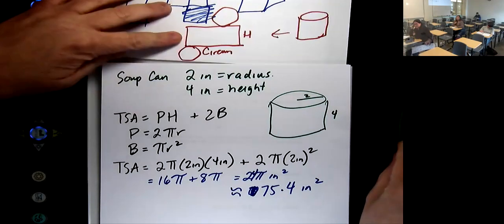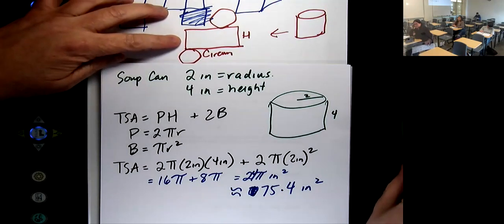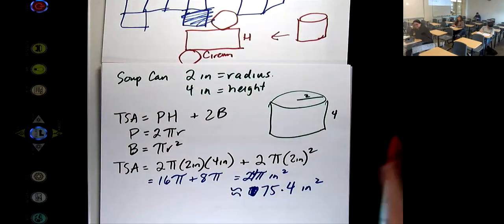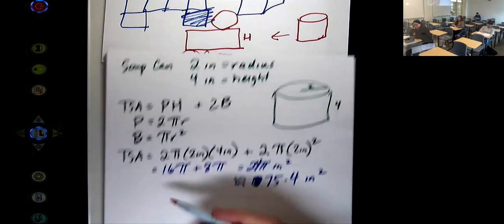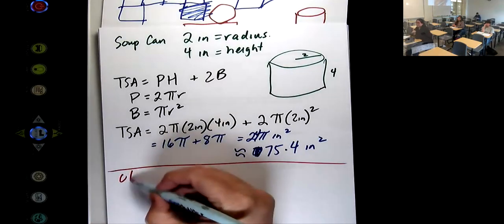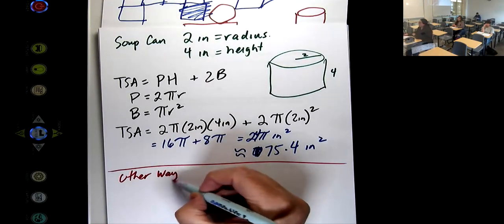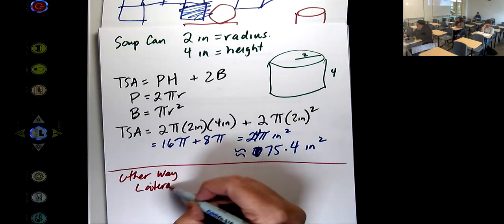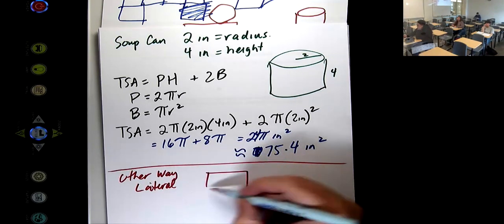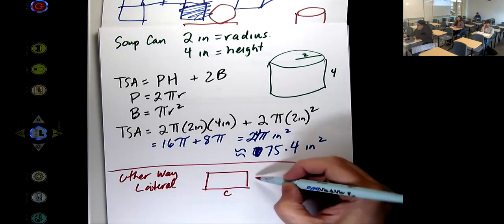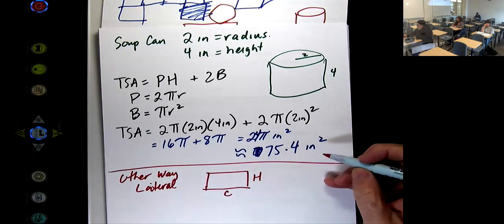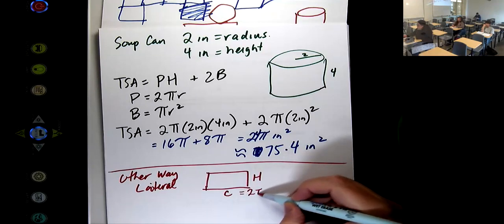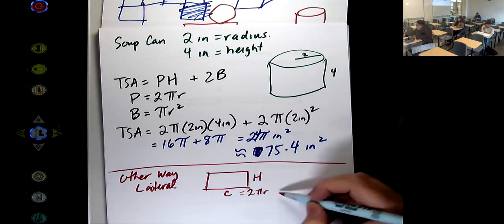But let's do it the other way. If you like doing it this way, we got to find this one. So the sides, other way. The lateral sides is a rectangle that has circumference on the bottom and height right there. So circumference is 2 pi r. And they gave us r was 2 inches.